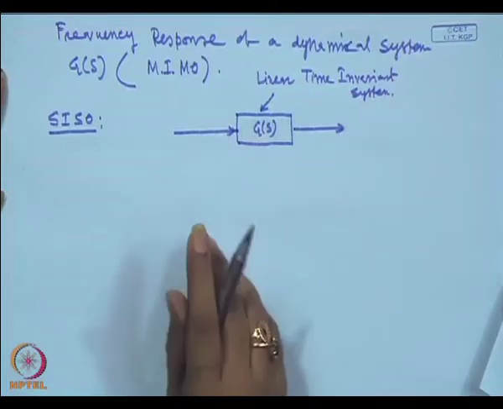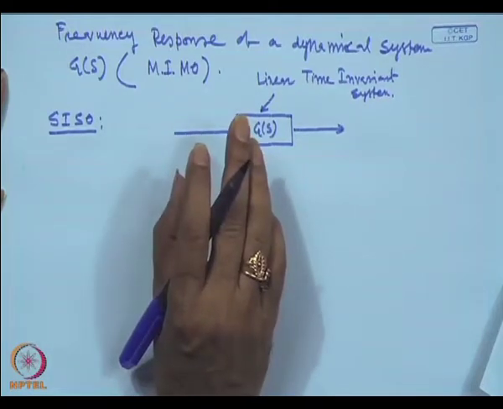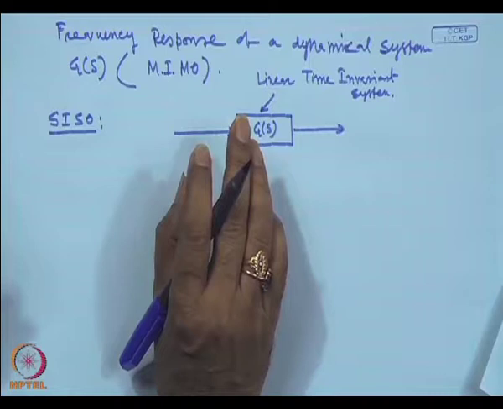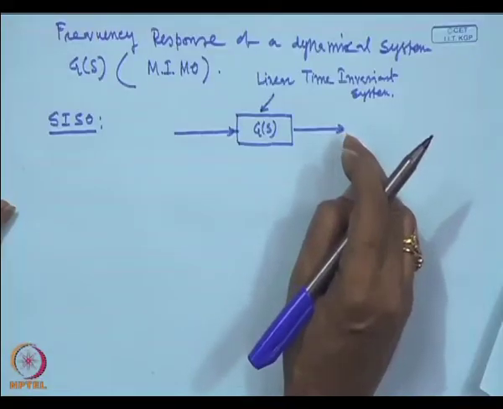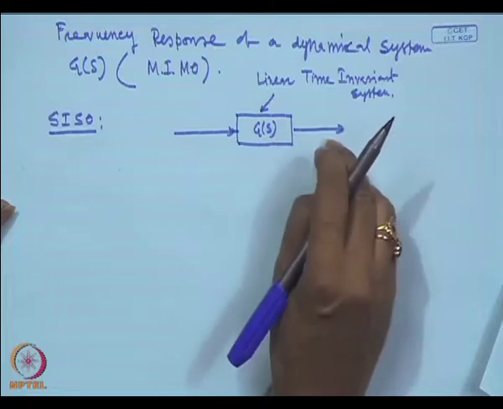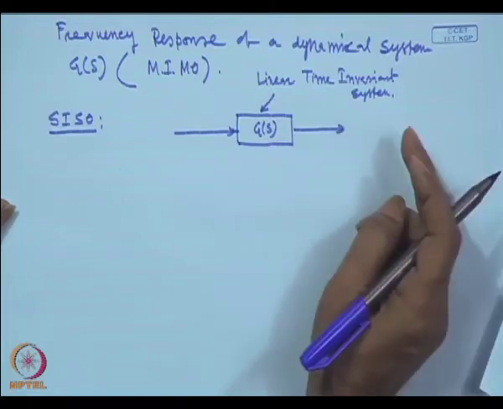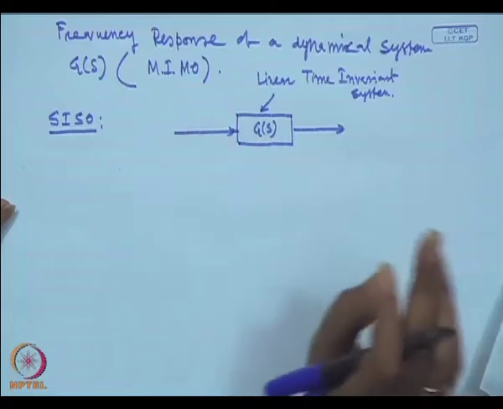For the frequency response, the input is a sinusoidal signal, the magnitude of the input is kept constant, and the frequency is changed. At each frequency we will see the output magnitude; the frequency will be the same, but there will be a change in phase angle.